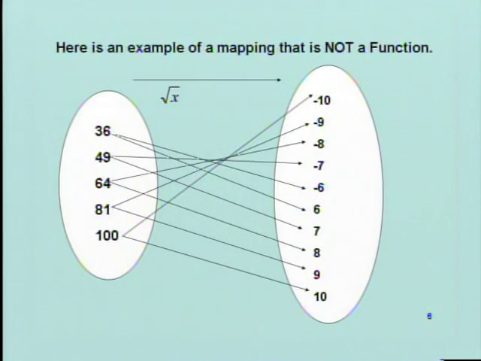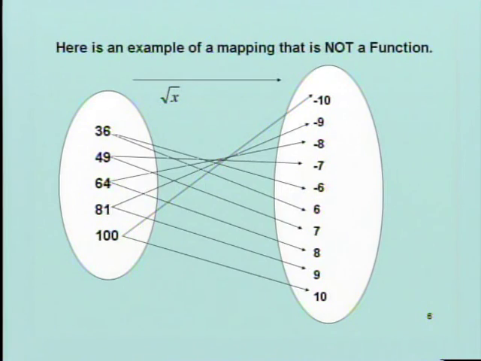Square root of 36 will be mapped onto two numbers. If you follow the arrows, you will see from 36, we have two arrows going, one going to -6, one going to +6, because the square root of 36 could be either -6 or +6. 49, the square root of 49 will be -7, +7.